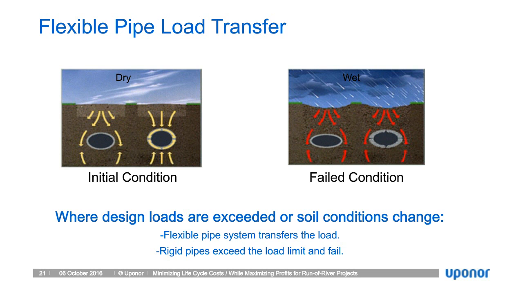During wet conditions, when pressure is applied and you don't have that side support, the flexible pipe will bend and take the pressures, but the concrete pipe, because it's taking the full force and it's rigid, typically what we see is cracking or fracturing down the center of the pipe.